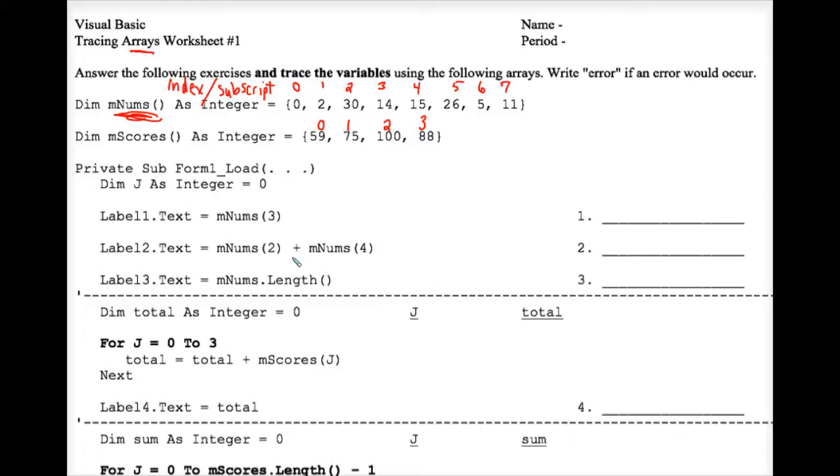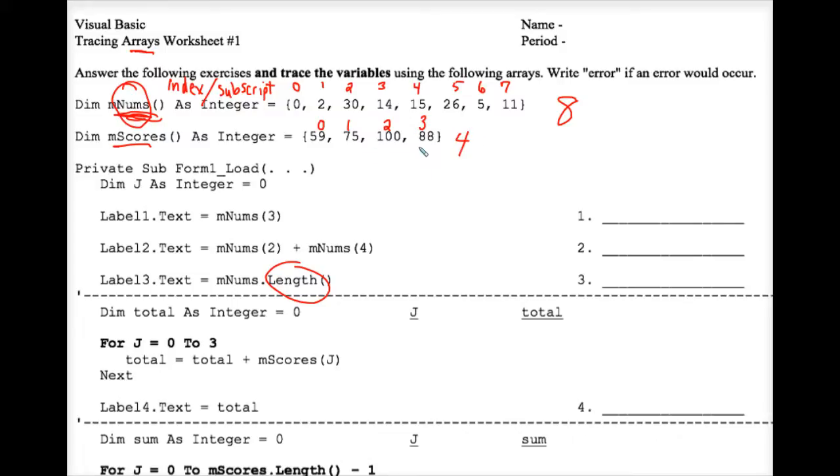What's considered to be the length of the array mnums is, well, let's count. 1, 2, 3, 4, 5, 6, 7, 8. There are 8 numbers in that array. So the length is considered to be 8. For this array named mScores, its length is 1, 2, 3, 4. Its length is 4. Don't be confused.